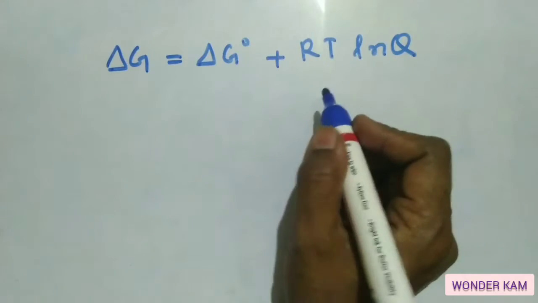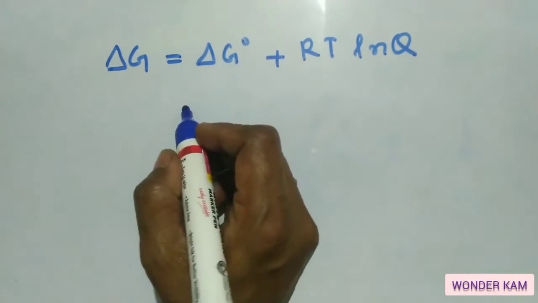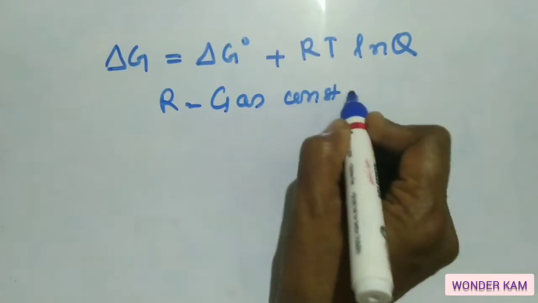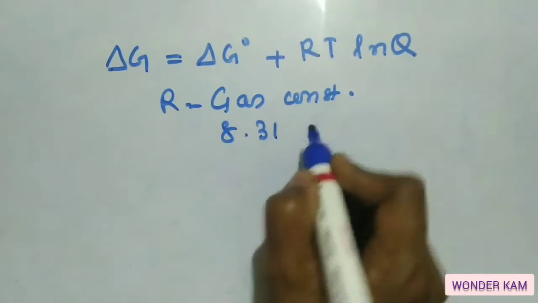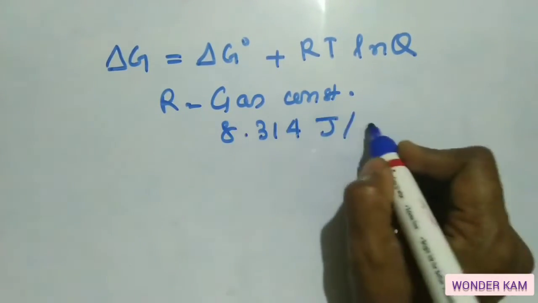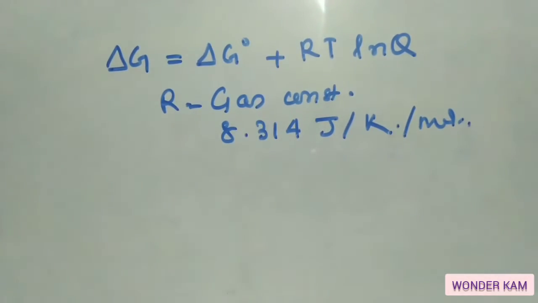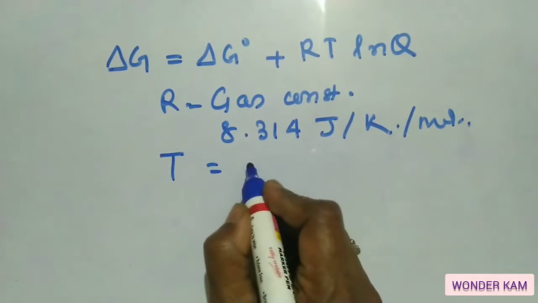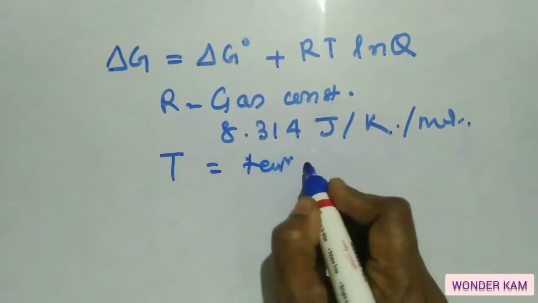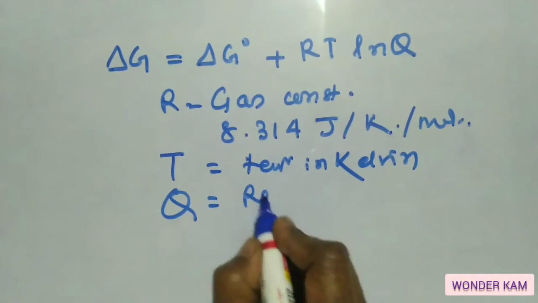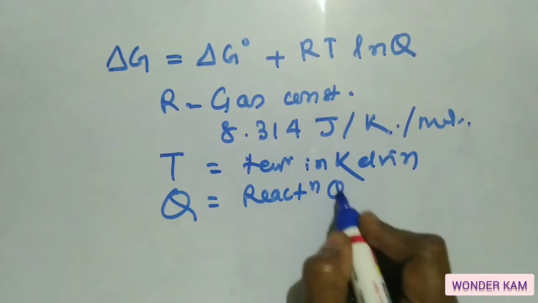plus RT ln Q, where R is the gas constant and the value is 8.314 joule per Kelvin per mole, where T is the temperature in Kelvin, and Q is the reaction quotient.